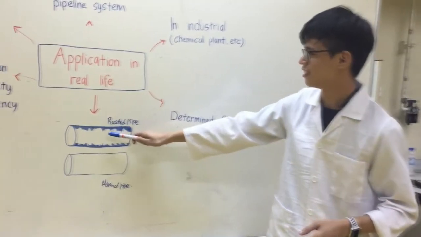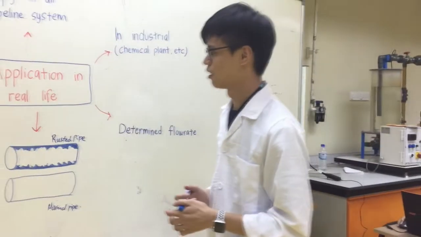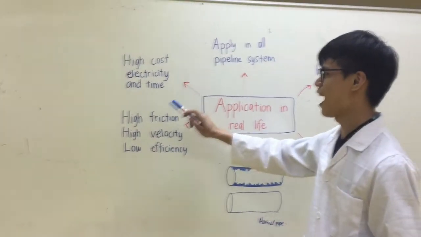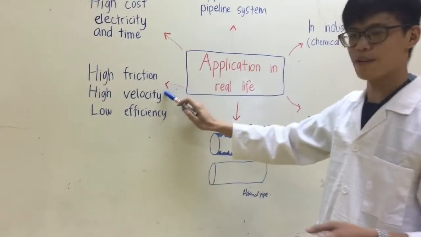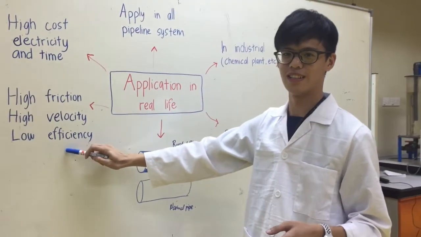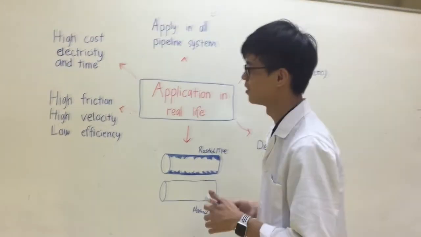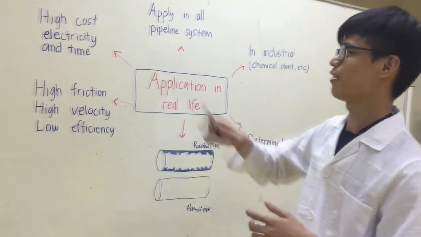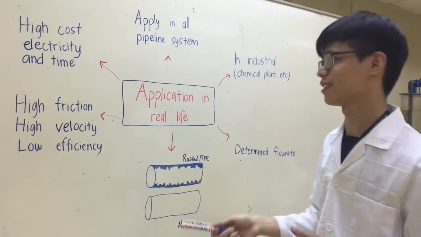As you can see, this is the rusty pipe, this is a normal pipe. So rusty pipe will have high friction, F, high velocity, V, but low efficiency. So determination of rusty pipe is very important because the rusty pipe will result in high cost in terms of electricity and time of the process.